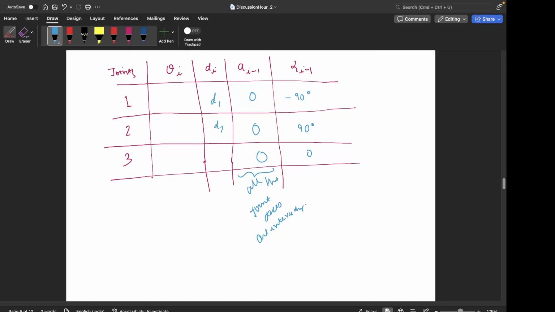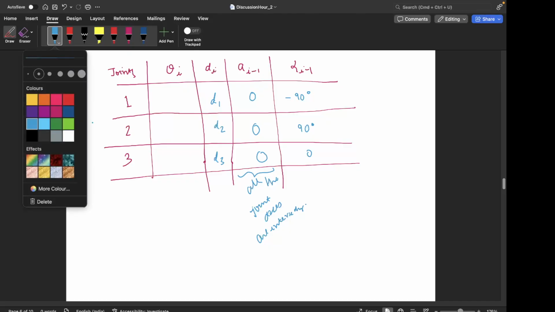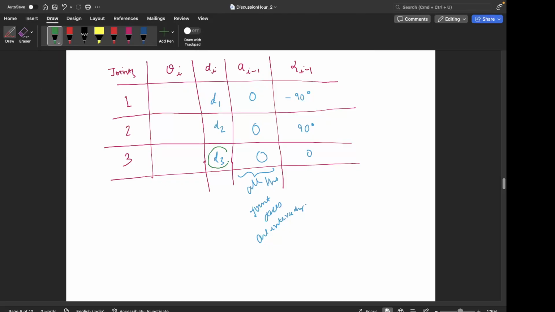So d1 and d2 are fixed, but since it's a prismatic joint, this is a joint variable. Okay.